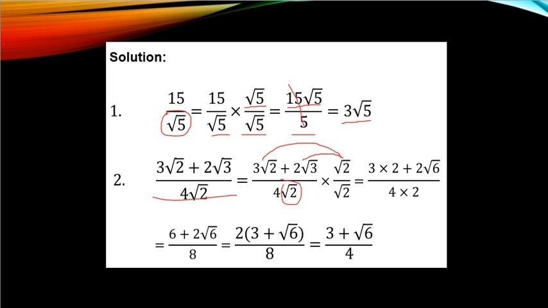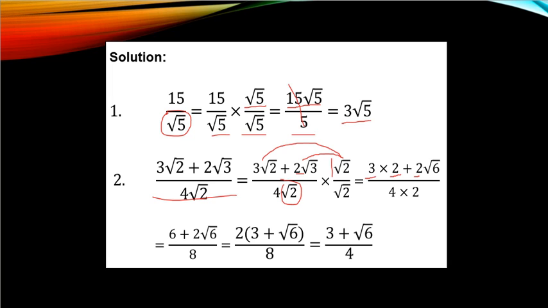So 3 times, okay, here we assume that there's a coefficient of 1 here. So 3 times 1 is 3. Root 2 times root 2 is root 4, and root 4 is 2. Then 2 times 1 is 2.